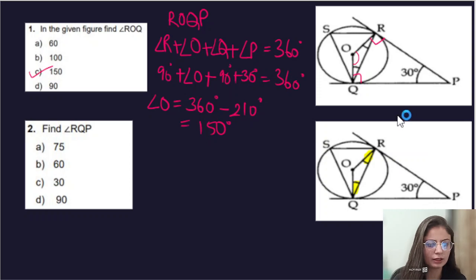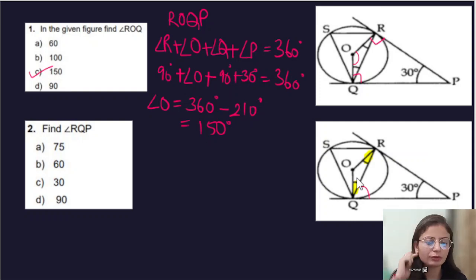Okay, now second question says find angle RQP. Okay, angle RQP, this is angle RQP. Okay, we already know this angle OQP. Okay, so if we subtract this angle which is shaded in this yellow color, then we will be able to find this angle RQP, right? So how we will find this angle which is shaded in this yellow color?